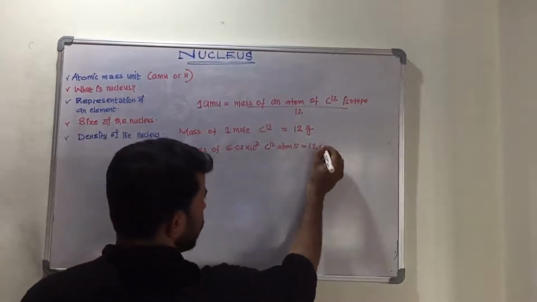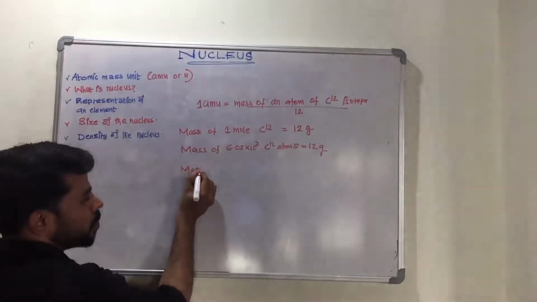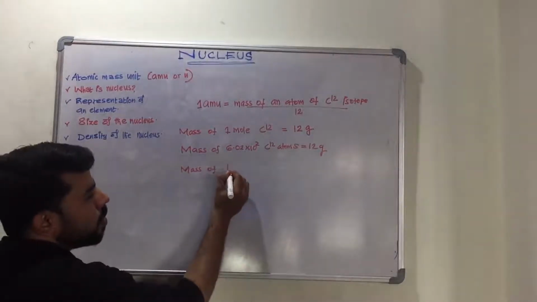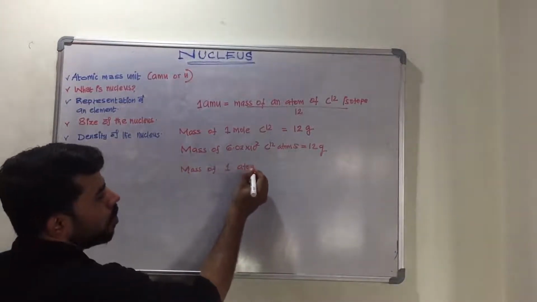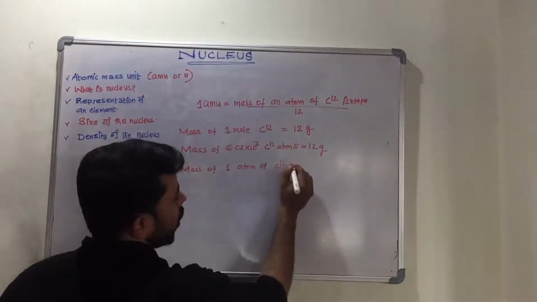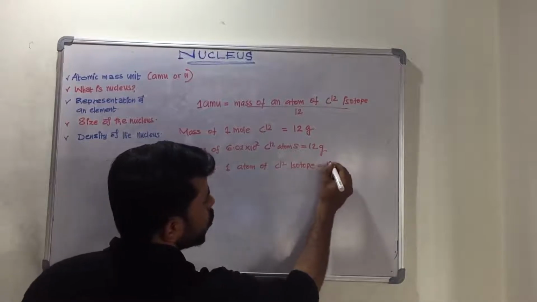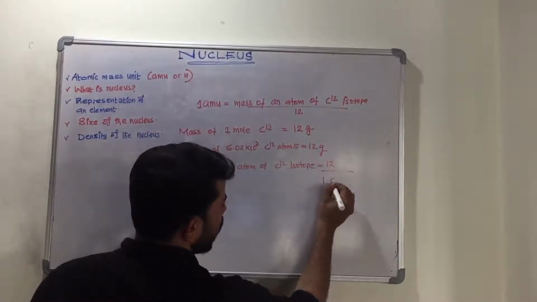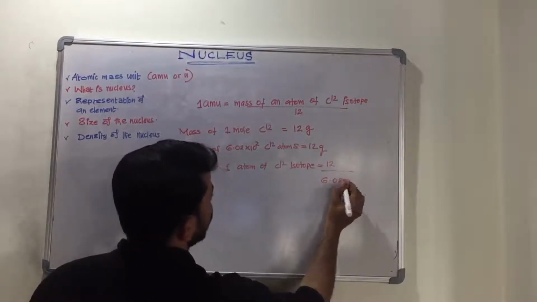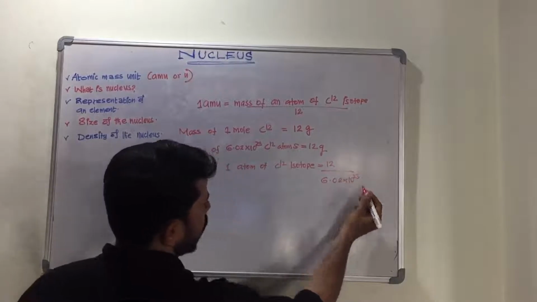From this, what is the mass of one atom of carbon 12 isotope? Mass of one atom of carbon 12 isotope is equal to 12 divided by 6.02 into 10 raised to 23.